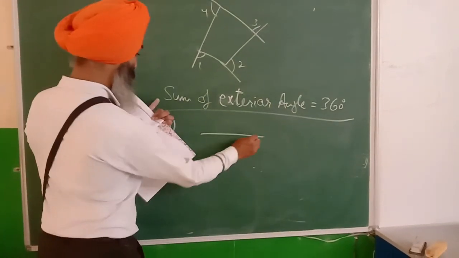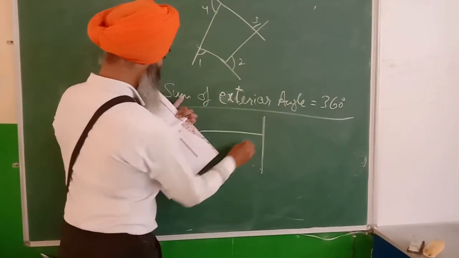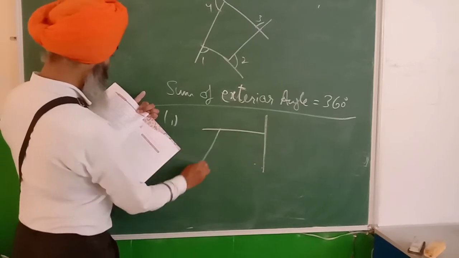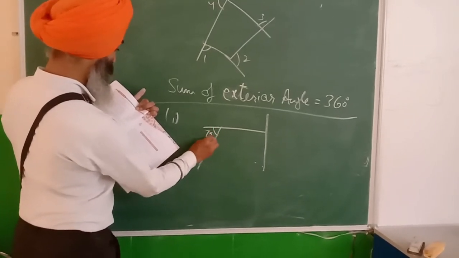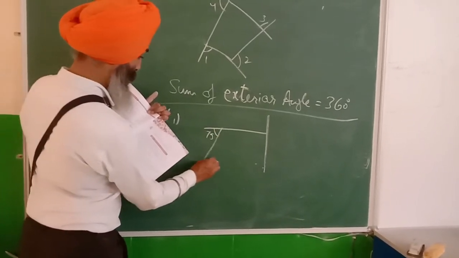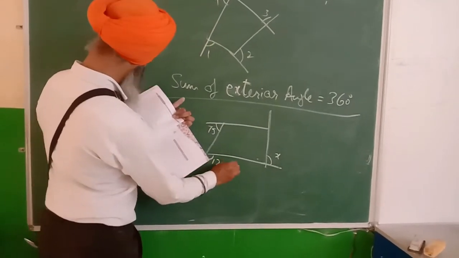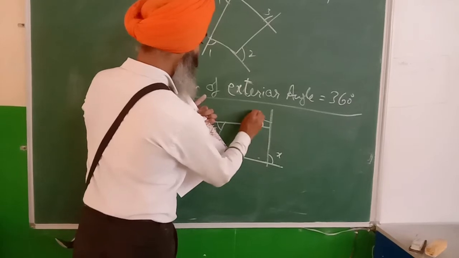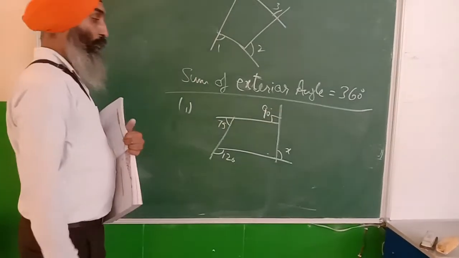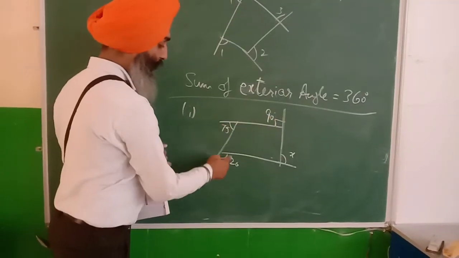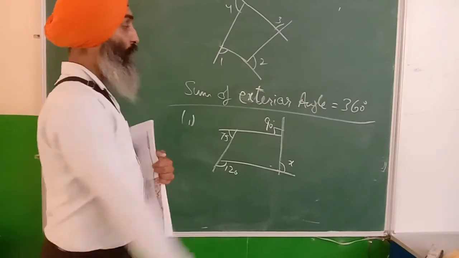Now let us discuss the first part. The diagram is like this, and you have to find the value of x. Here it is x, here it is 120, and this sign means 90 degrees. Now you know that the sum of all exterior angles is always equal to 360.